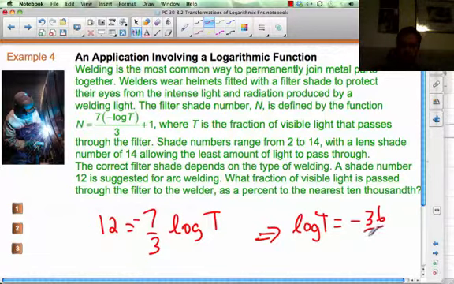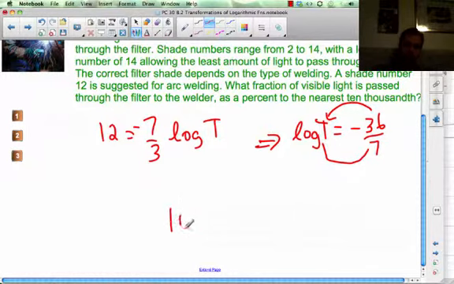So negative 36 over 7. So base 10, base, exponent, answer. 10 to the negative 36 over 7 equals t. Okay? So 10 to the negative 36 over 7 equals t.